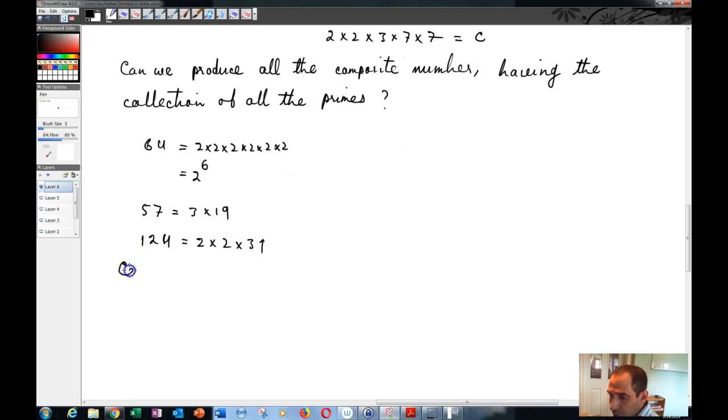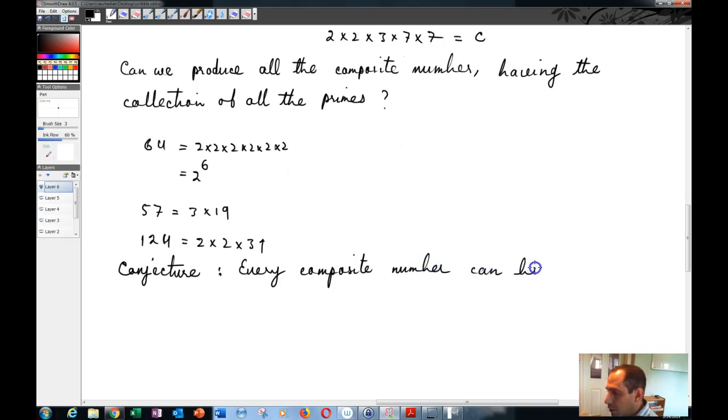So the conjecture that you can make here is that every composite number can be written as a product of powers of primes.